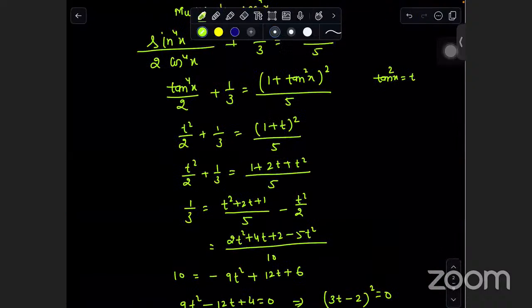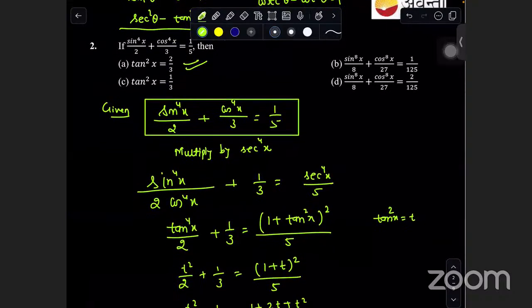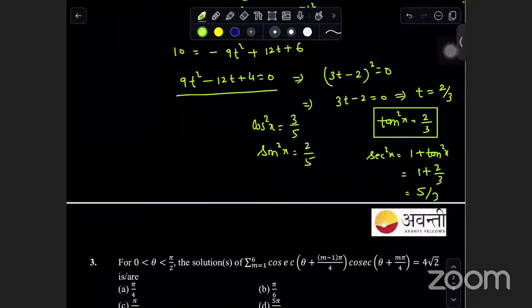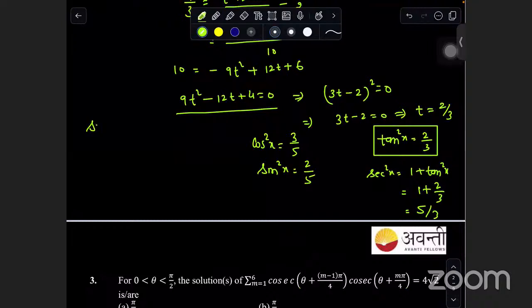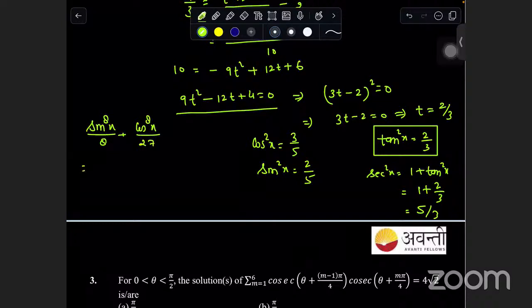Now what they are asking you, sine to the power 8x upon 8 plus cos to the power 8x upon 27. See, sine square x you have 2 by 5.